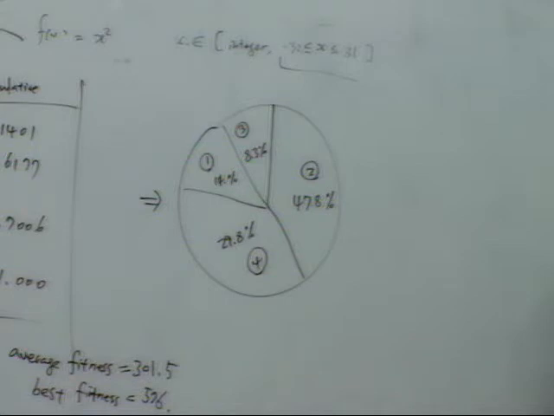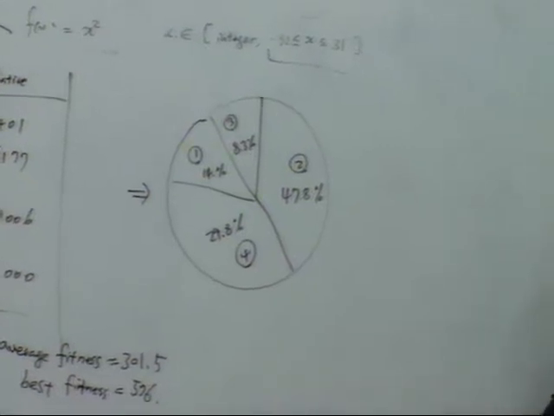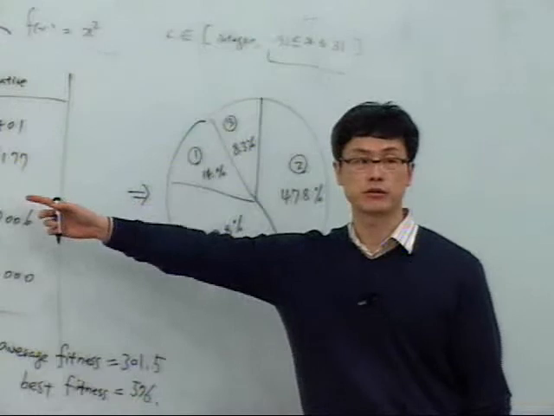And we can mimic this roulette wheel spinning process in computer simulation, once again utilizing a random number generator. How? Utilizing this cumulative value.